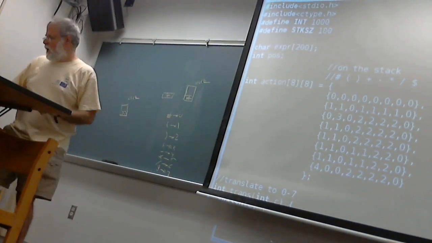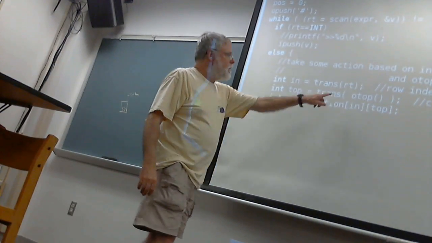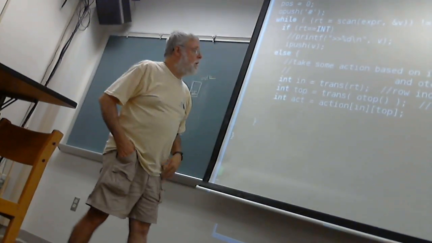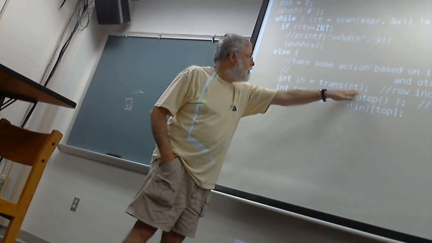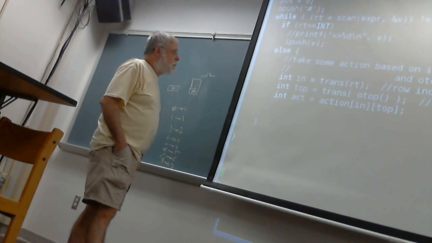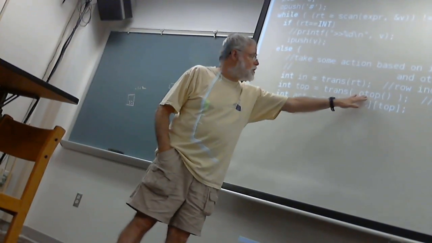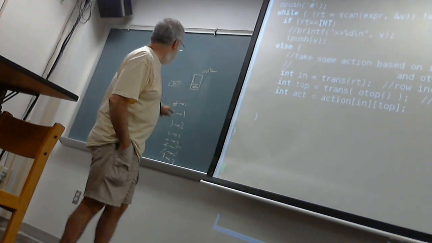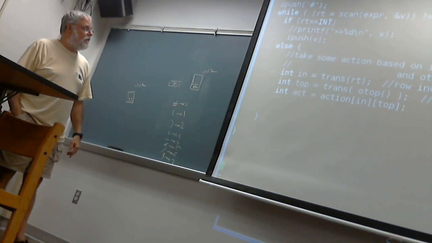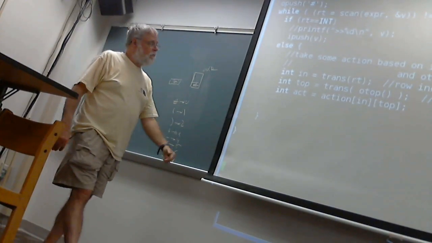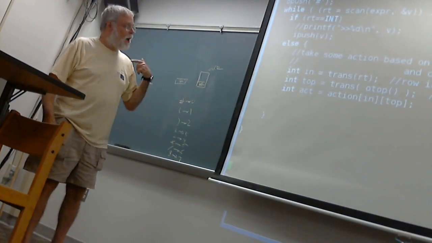Okay, going back to the bottom. We translate the incoming value to a number between 0 and 7. We translate what's on top of the operation stack to a number between 0 and 7. And then we have an action that we're going to carry out. And how do we find that out?